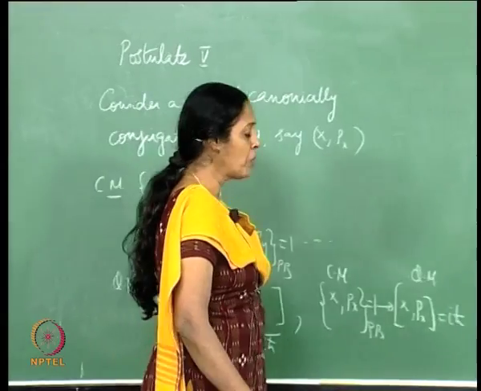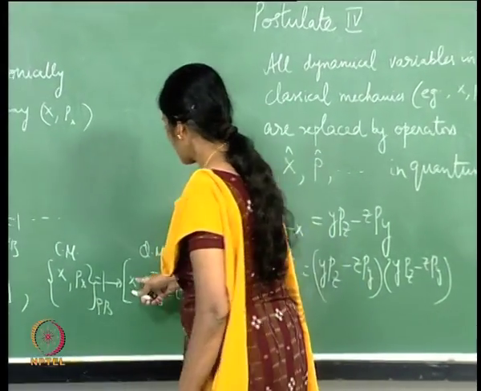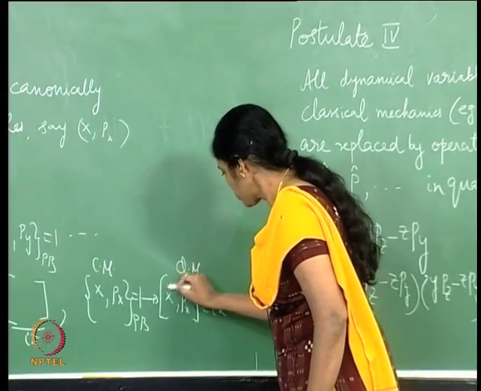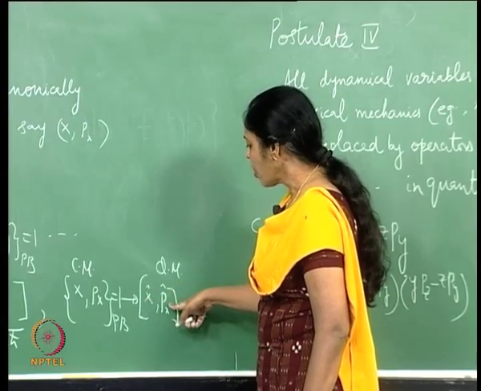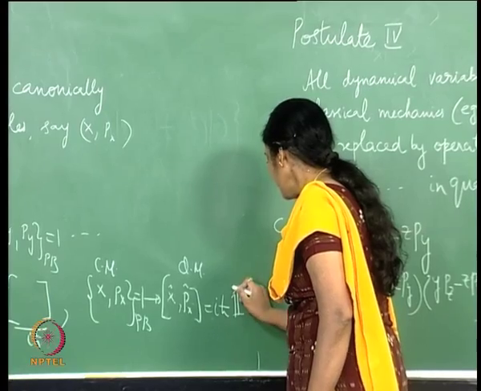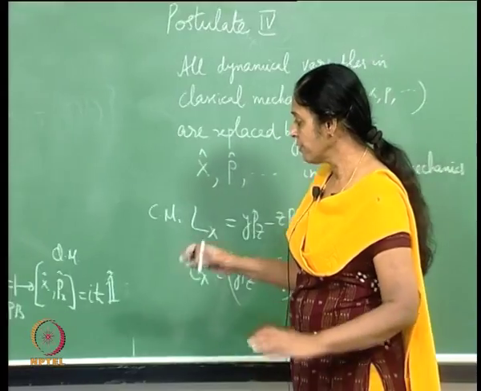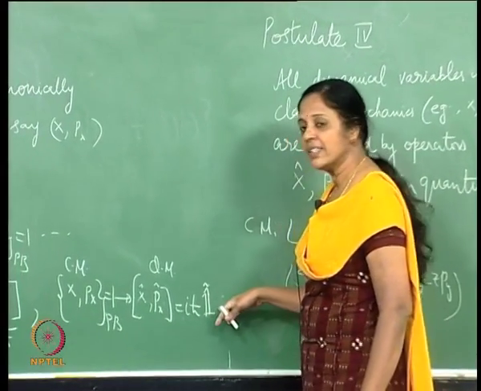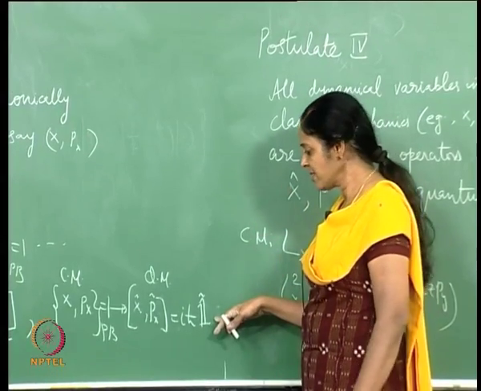Now this is a very important statement. First of all, one understands that x is an operator, so if you wish we could put a hat here and a hat there. The commutator of two operators cannot be a number, so basically we mean that there is an identity operator there. If you give matrix representations, that is an identity matrix, which means you put 1 on the diagonal and 0 everywhere else.